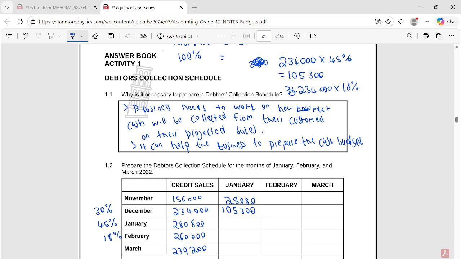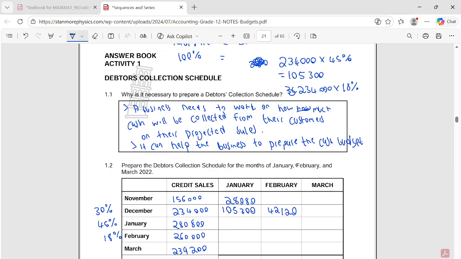So I'm gonna say 234 multiplied by 18%. So I'm having what? 42,120, right? Remember here it will be bad debts, but we're not taking bad debts into account when we're collecting, right? Here we just want the collections from our debtors, right?